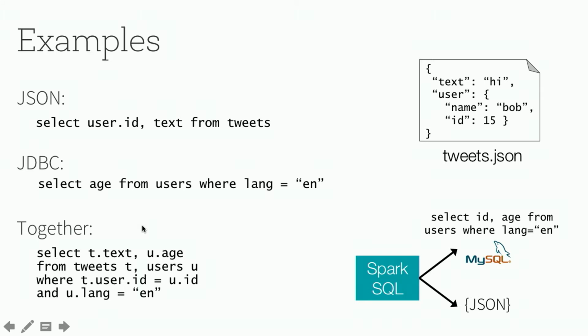It's about tweets. So we're trying to get the tweet text and the user age. But the user age is in a database, and the tweet text is in some kind of JSON file, because that's what Twitter gives us. And we want this filter on user language equals English. So Spark can look at this query and decide, OK, from the database, we only need ID and age, and we want to only filter on language equals English and push that in.